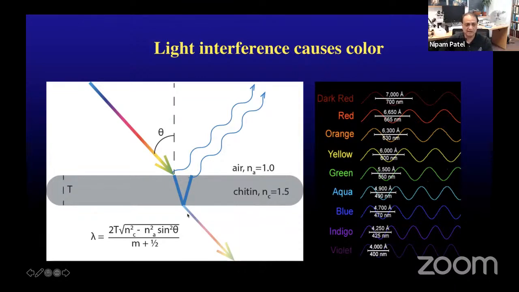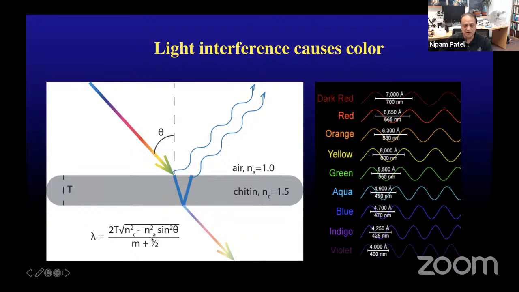So you can calculate this. For example, here, this equation's been known for a very long time. If you solve for lambda here, the variables that are important are the thickness of this material, the refractive index of air, the refractive index of chitin, and the angle that the light is hitting. So if you solve this equation, what you would get is that wavelength that undergoes maximum constructive interference, so we become much brighter.